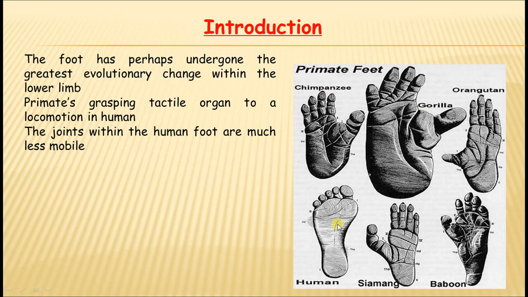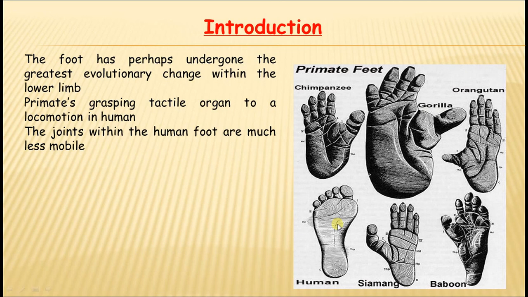No, it also has other functions like weight bearing. For us, the two lower limbs are the weight bearing limbs, so the weight is transmitted to each foot. So there is propulsion and weight bearing.